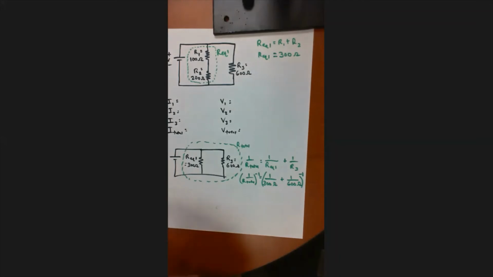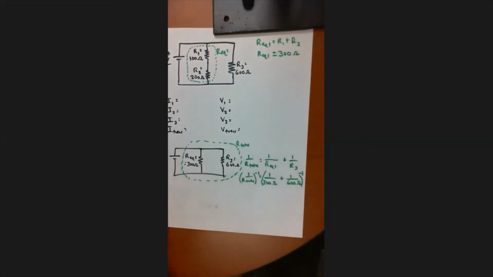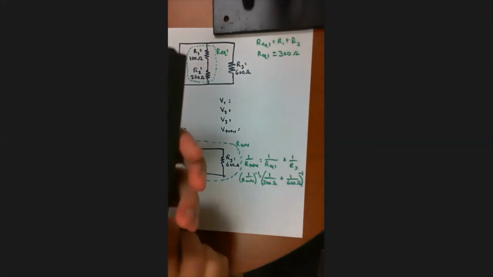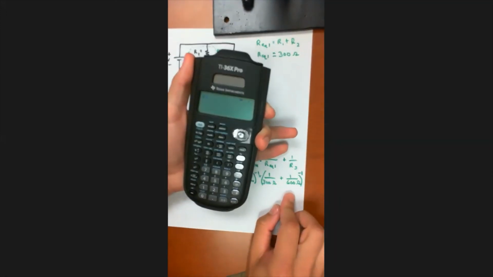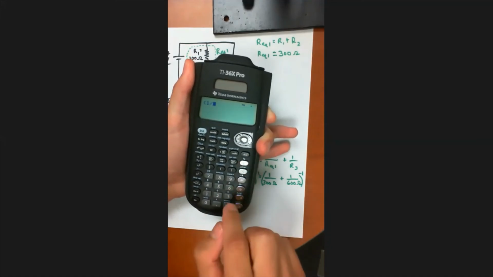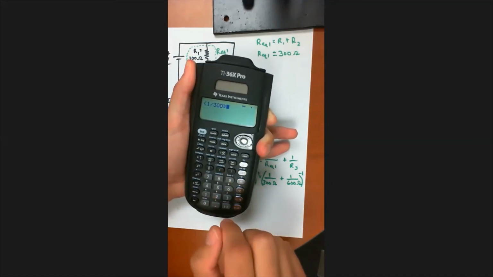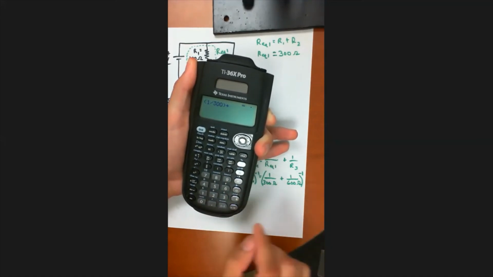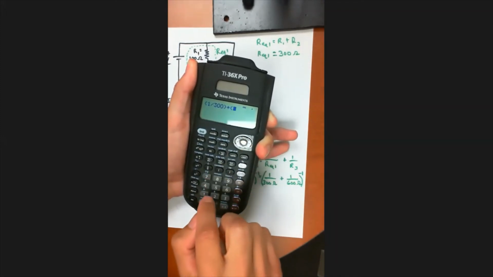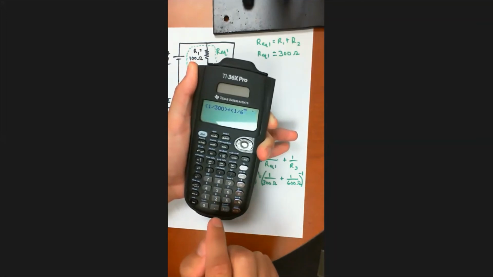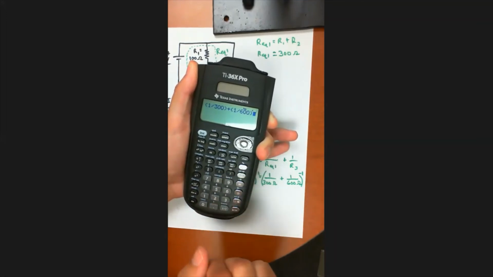Okay, so be careful when you plug this into your calculator. First I'm going to do what's inside the parentheses. So I'm going to do 1 divided by 300 plus 1 divided by 600. Oops, I'm going to use parentheses here. 1 divided by 600. There we go.